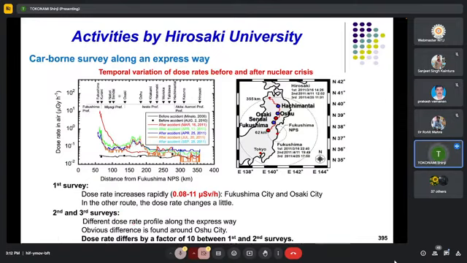Here is the data result of our car-borne survey: distance from the Fukushima nuclear power station and dose rate in air. We started here from Hirosaki to Fukushima.